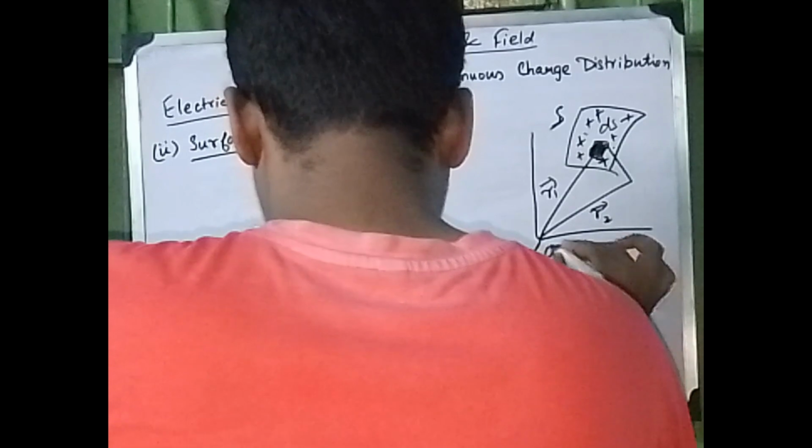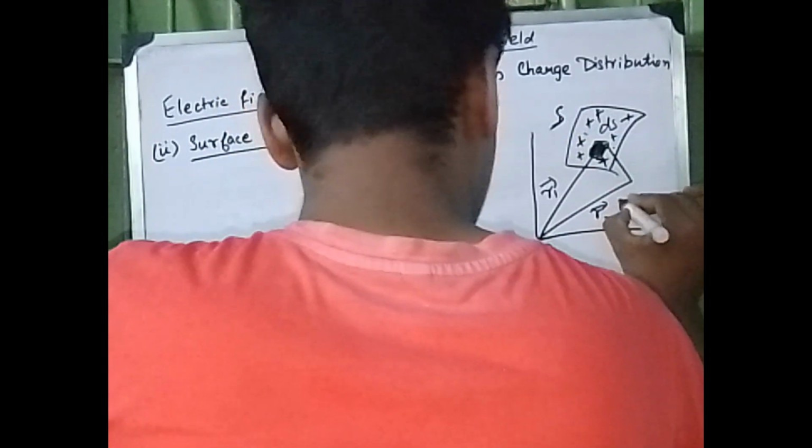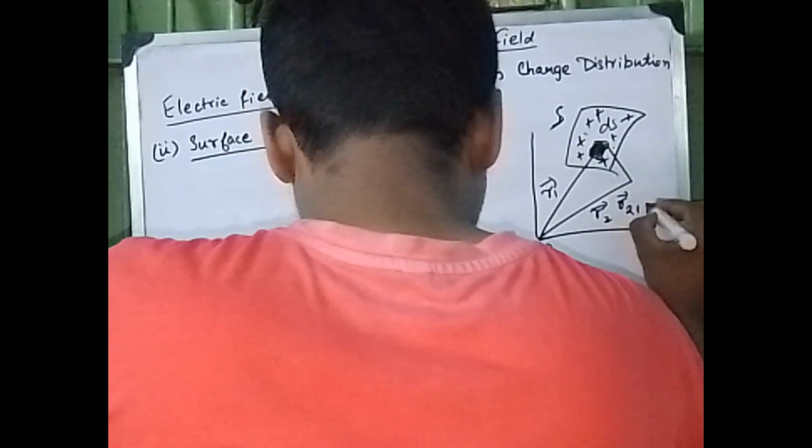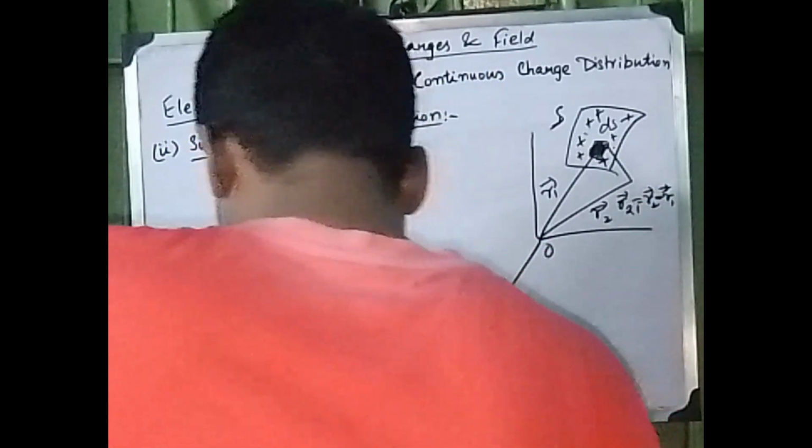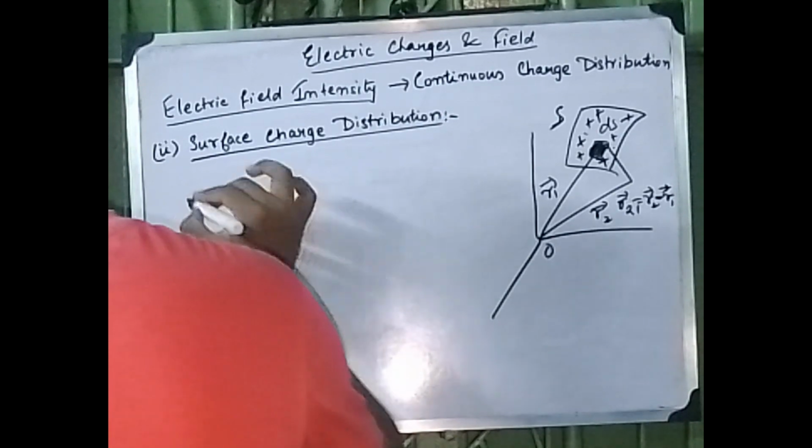Where r1 and r2 are the position vectors and O is the origin, and r21 is represented as vector r2 minus vector r1.